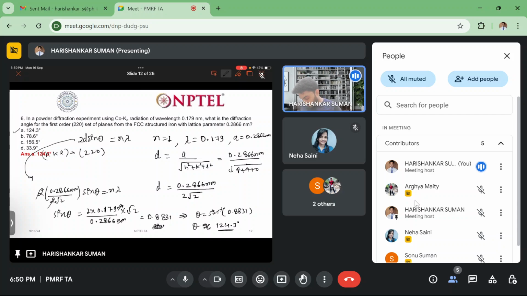Option A is correct. Okay, you can find the theta like that.